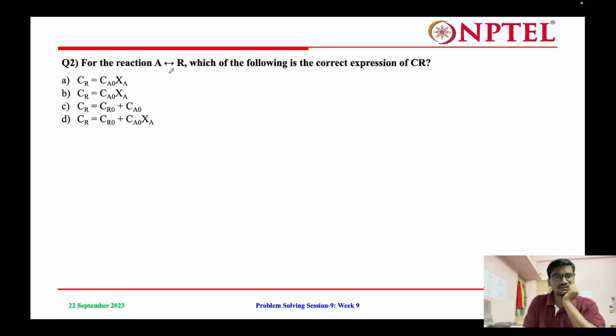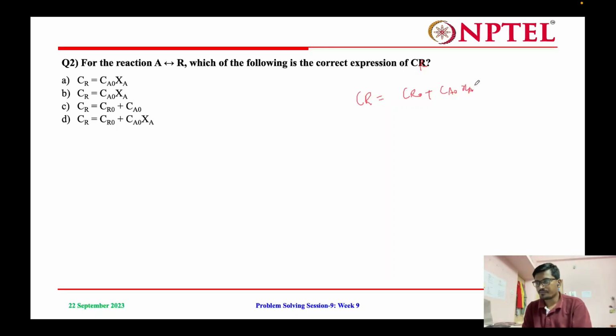Question 2. For the reversible reaction, which of the following is the correct expression of CR? The final concentration of R, CR, equals CR naught plus CA naught XA.